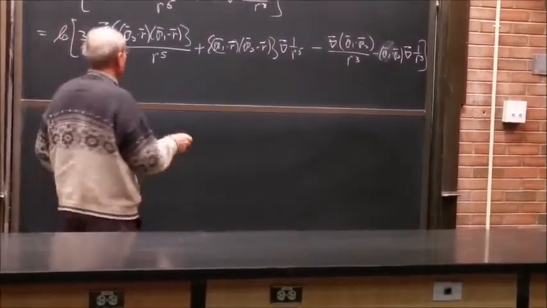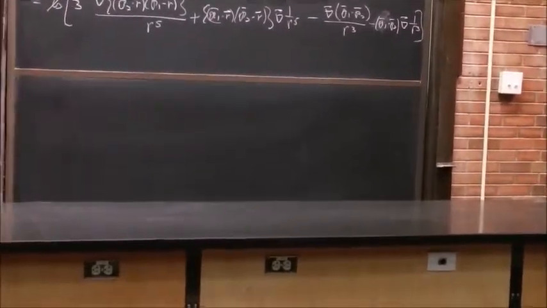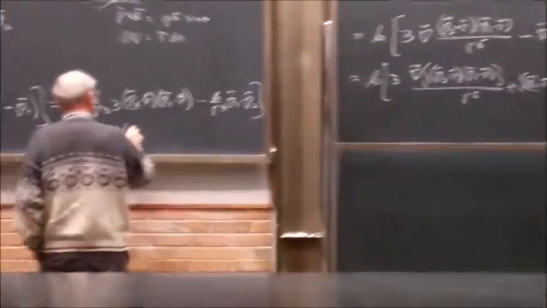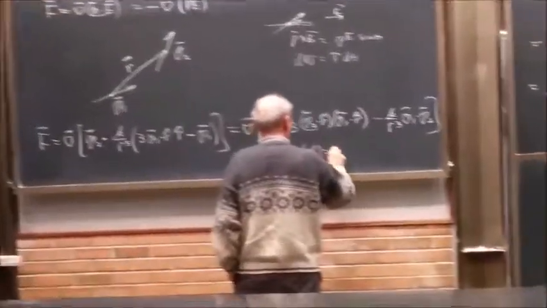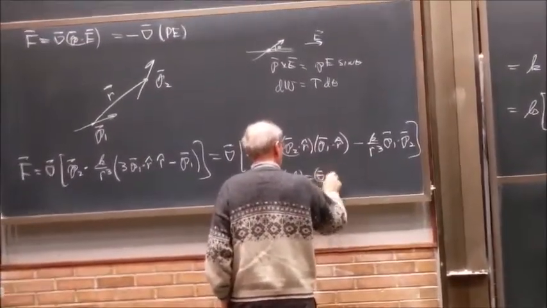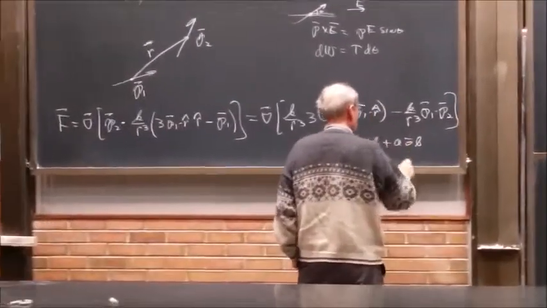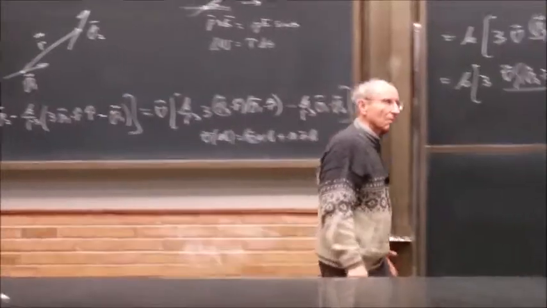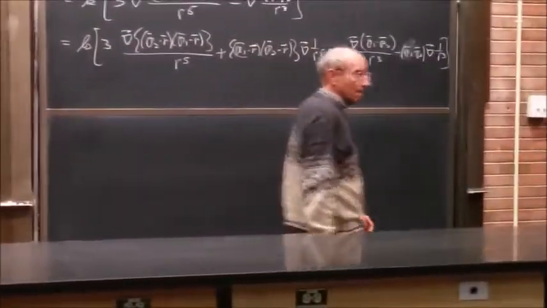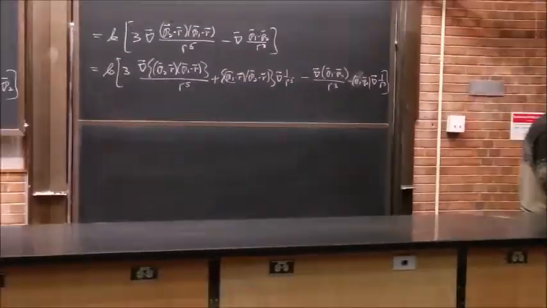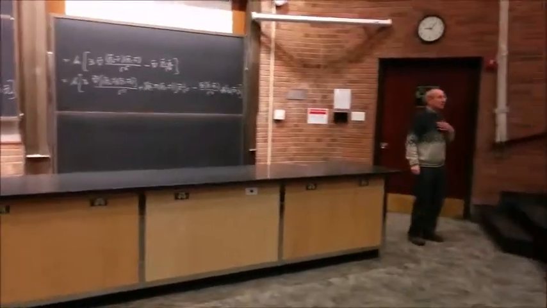All we've done is use the fact that the gradient of AB is grad A times B plus A times the gradient of B. It's just the product rule. Okay, so far?